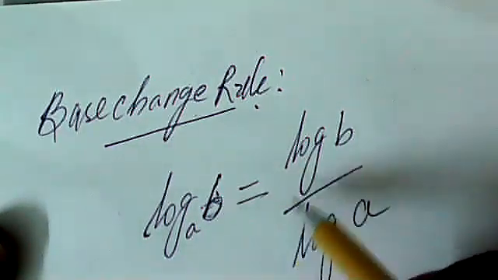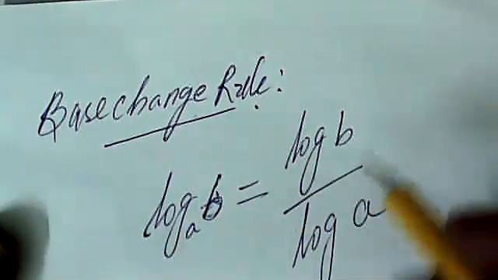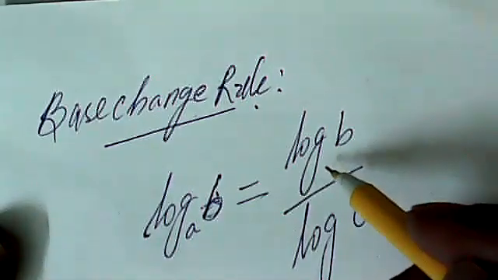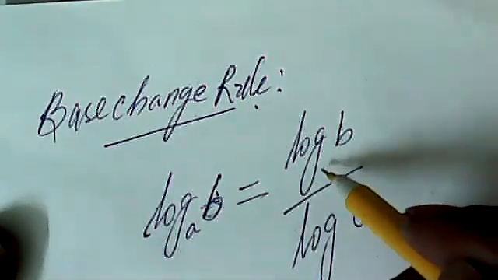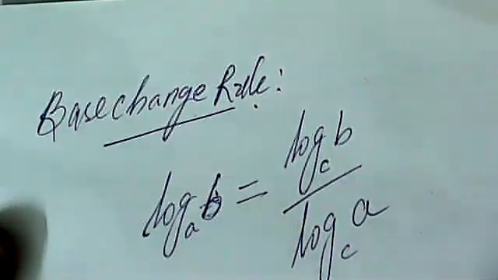This can be written as log b by log a, where we take the base as arbitrary, say c. Also, log of b to base a is nothing but 1 upon log of a to base b.